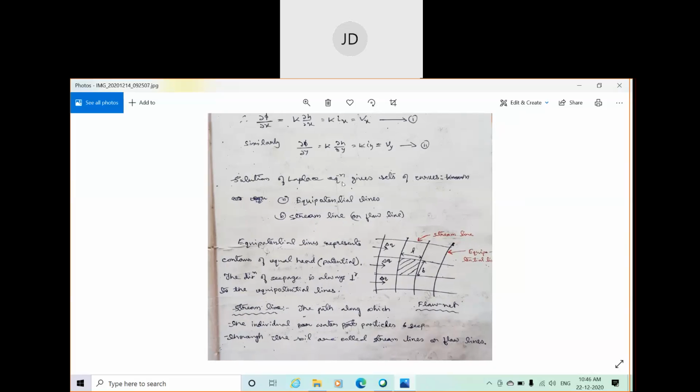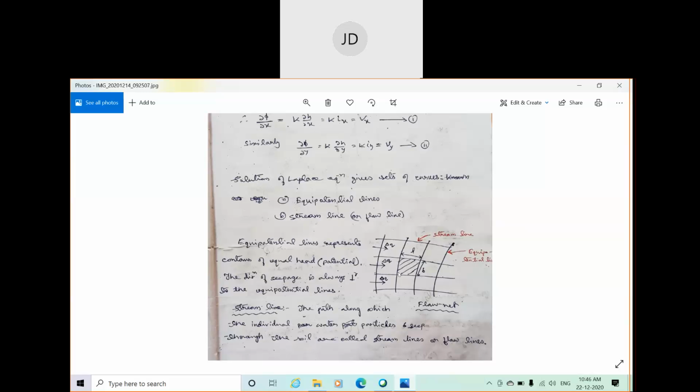These two can be represented graphically in the form of streamlines and equipotential lines. Here you can see some drawings.